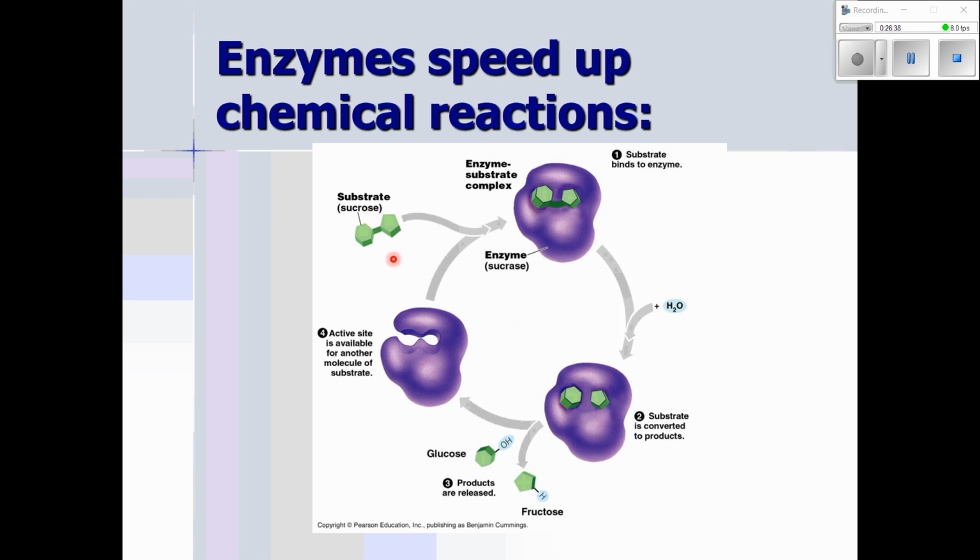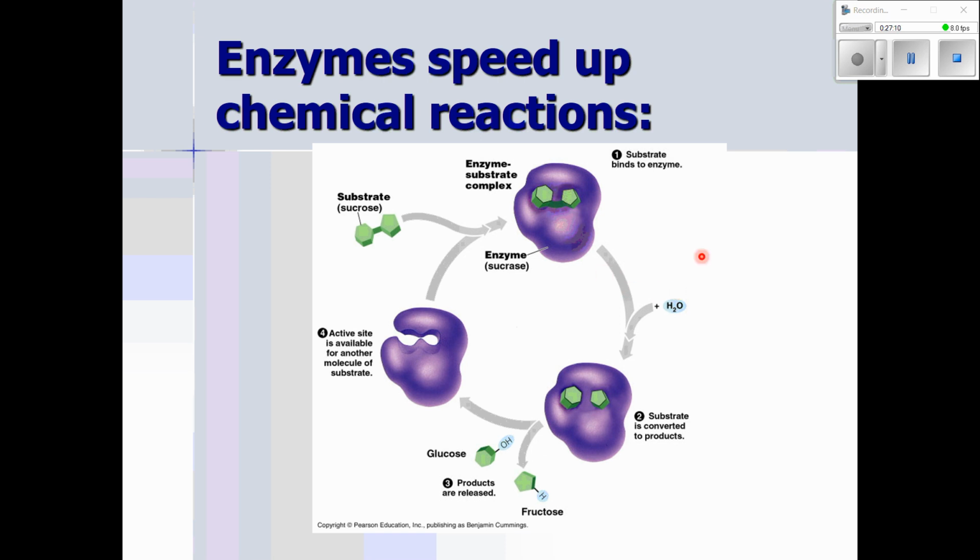And so when you eat something that contains sucrose, this enzyme is waiting in your stomach, in your intestines, and the shape of the sucrose is going to fit perfectly into the active site. And the enzyme's job is to hold that substrate in just such a way that the chemical reaction can happen. In this case, water is going to be added to break this bond.